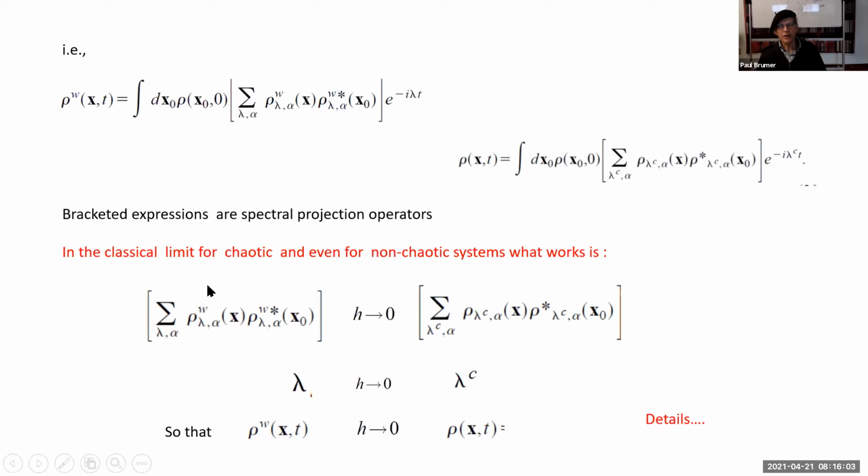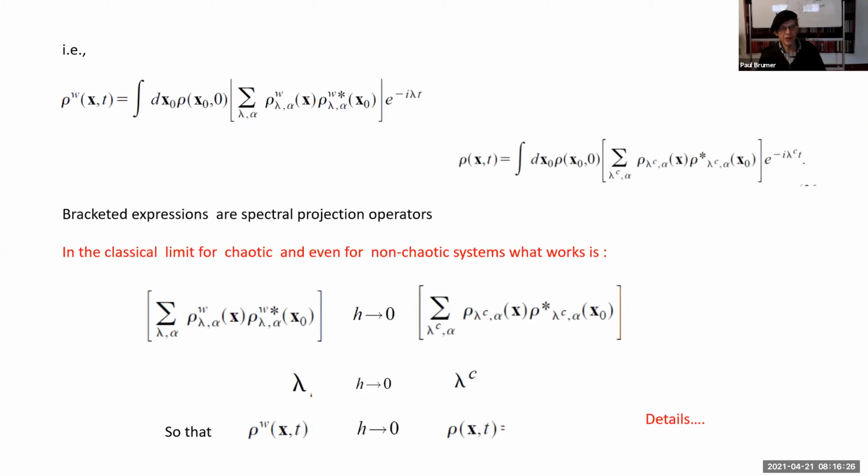And what you can show is that this entity goes to this entity in the classical limit. In other words, the eigenvalues don't go to the eigenvalues. They run into tremendous problems with essential singularities. But this way of doing it eliminates the essential singularities, and you're able to actually achieve this result.